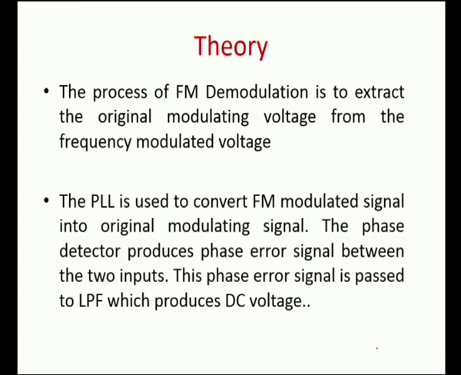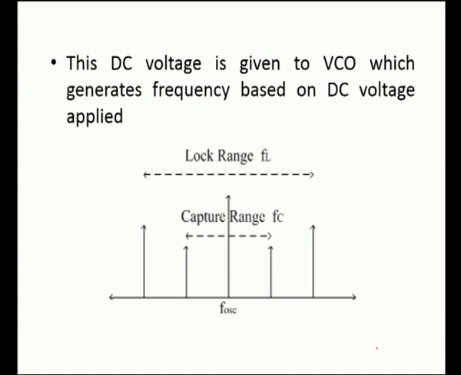This phase error signal is passed to the low pass filter, which produces an equivalent DC voltage with respect to the phase error. This DC voltage is given to the voltage controlled oscillator, and the VCO produces a frequency based on the given DC voltage.